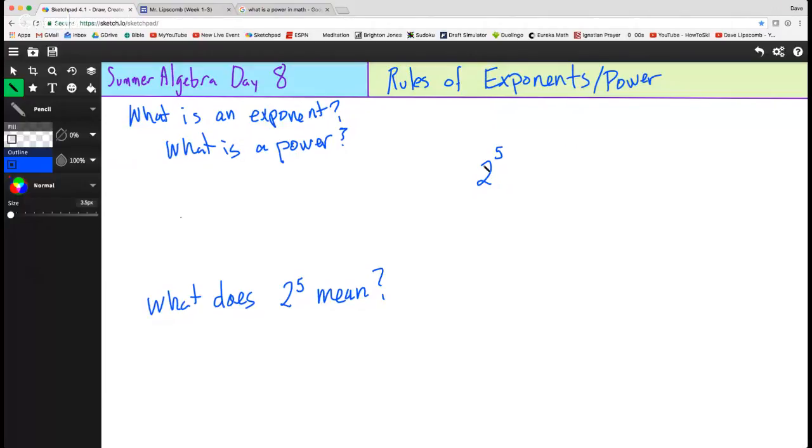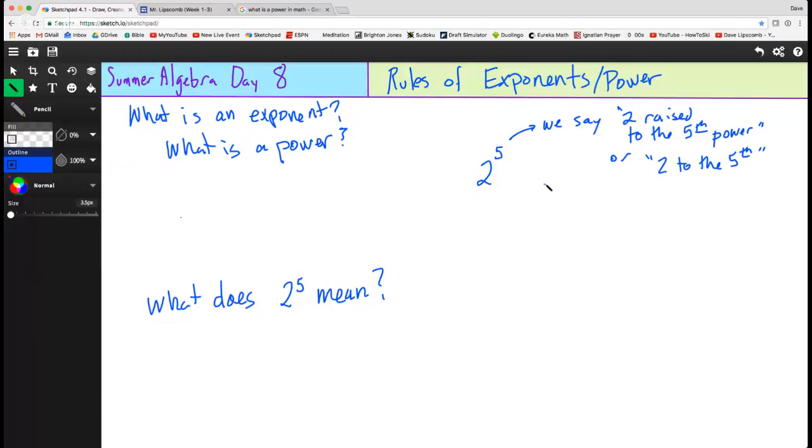So the first thing is when we see something like this, we say 2 raised to the 5th power. Or 2 to the 5th. That might be the shorthand way you'll hear it.